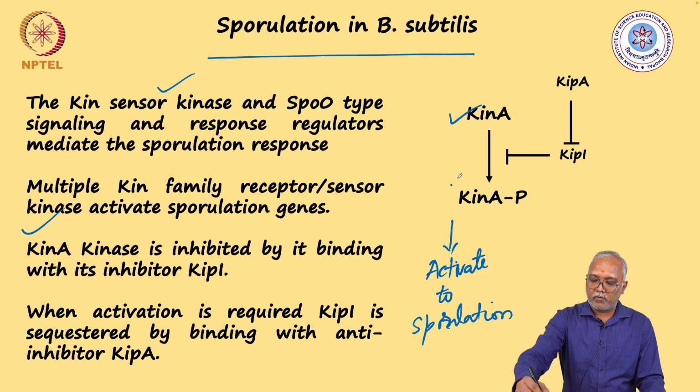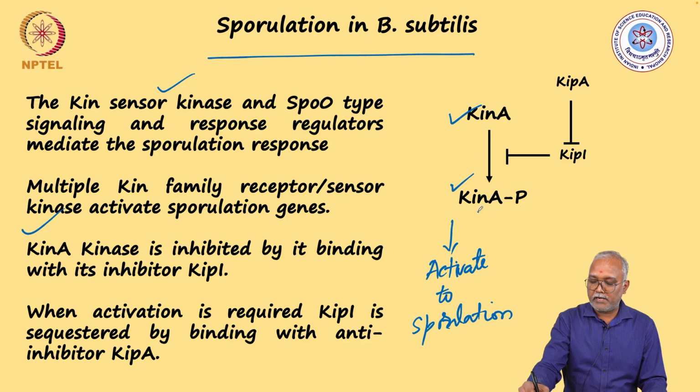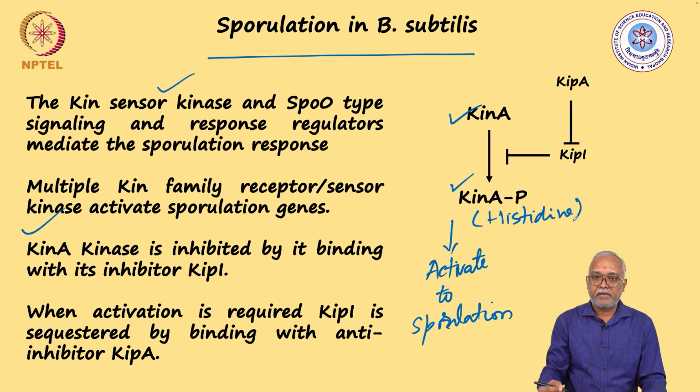So KinA undergoes phosphorylation, an autophosphorylation event, and the residue is histidine here. But normally, when sporulation need not be active in the system, there is an inhibitor called KipI which keeps KinA inactive, which basically means that KinA cannot undergo the phosphorylation event in the presence of the inhibitor KipI.